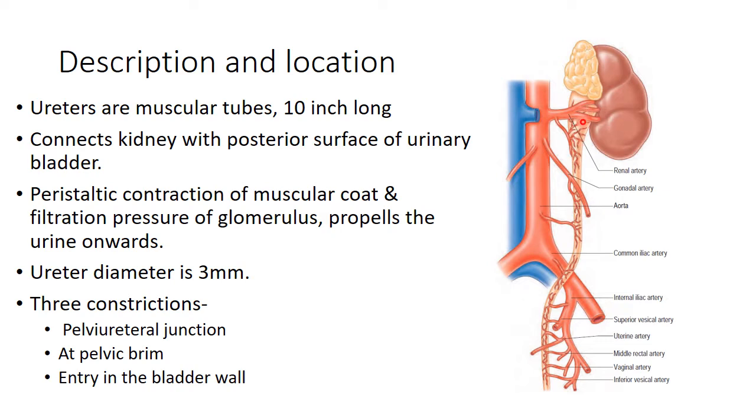So the pelvi-ureteral junction is the first place where the diameter of the ureter is a little less. Then at the pelvic brim where it crosses the bifurcation of the common iliac arteries. Then the third constriction is present at the level of entry into the bladder wall.